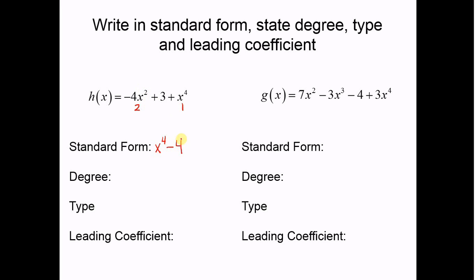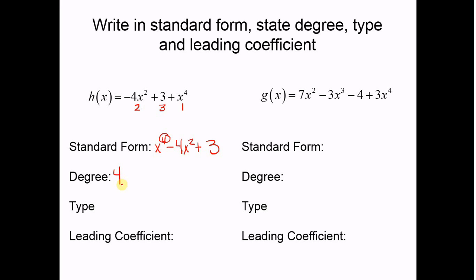Then it's going to be plus 3. Notice how I kept the signs the same in my standard form, so make sure you don't lose a negative somewhere. My degree is the highest exponent located in my polynomial. I have 4, that's my highest, so that's a degree of 4.